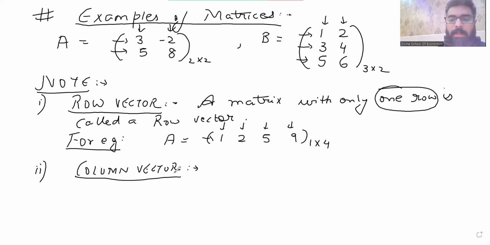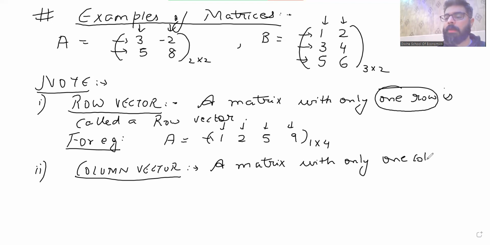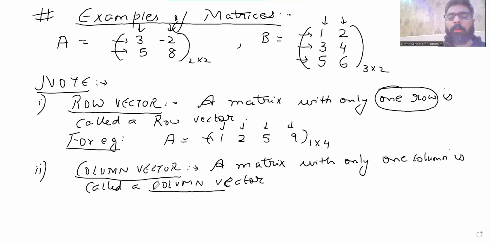So I can write a matrix with only one column. A matrix with only one column is called a column vector.